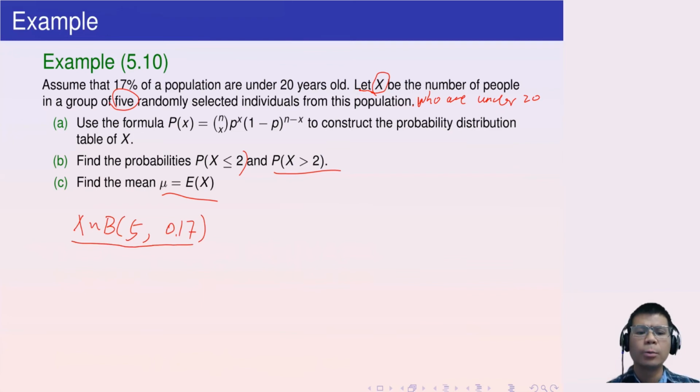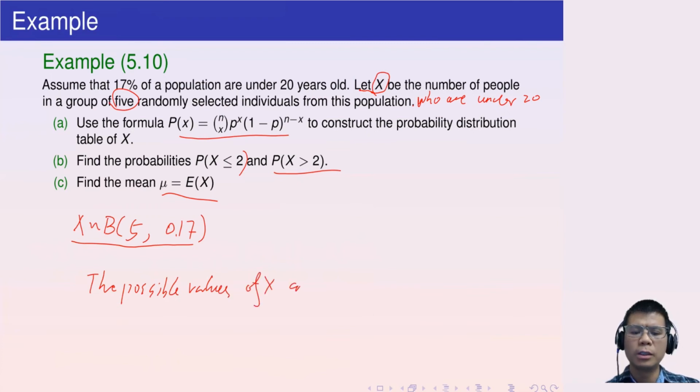And then we can calculate the probabilities, right? So now the possible values of X are what? It can be 0, right? So none of them is under 20.